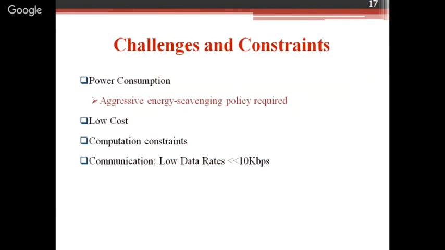One of the main challenges I have already discussed with you is power consumption, and I have told you why a lot of power is consumed. The main reason is that the nodes have to transmit the data to their neighboring nodes, and then they have to process it. Obviously, we are dealing with a low-cost network.